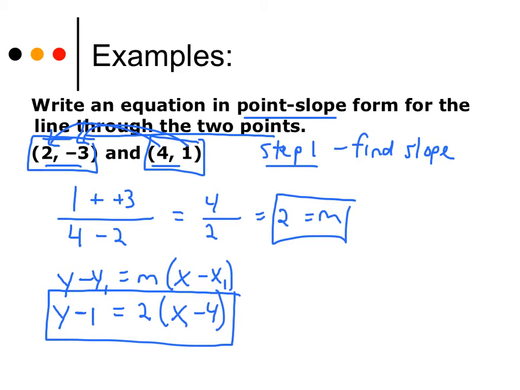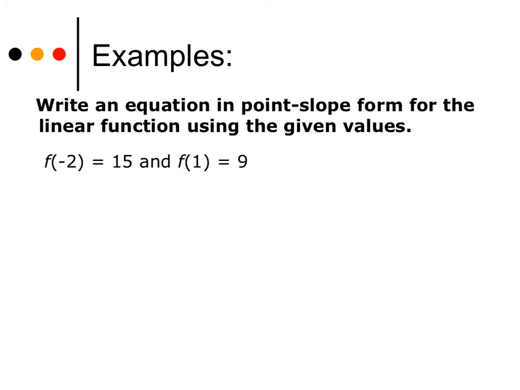Okay, next example. In this example, they have write an equation in point-slope form, so we're doing the same thing, for the linear function using the given values. Now, if you remember before, we know that f of x is the same thing as y.